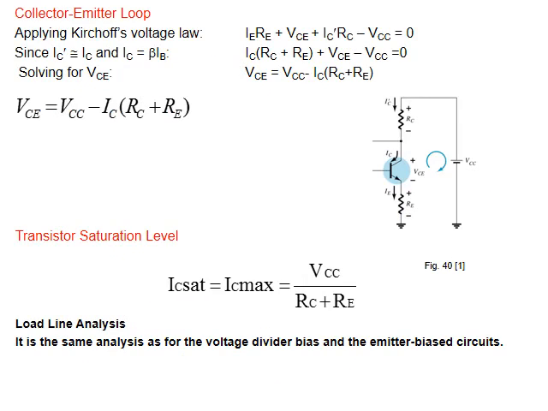We find I collector by multiplying beta by IB, and we find V collector emitter, and so on. V collector emitter, as you can see here, is the voltage drop here plus the voltage drop here, which is similar to emitter bias and to the resistance divider or voltage divider bias. Okay, the same equation as you can see here.